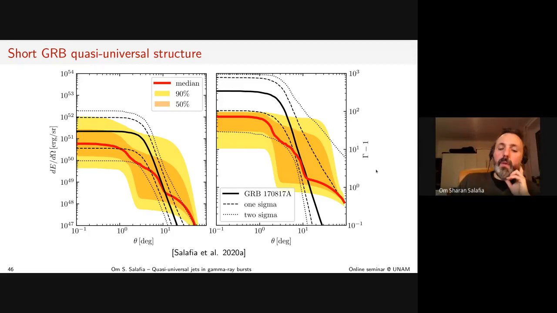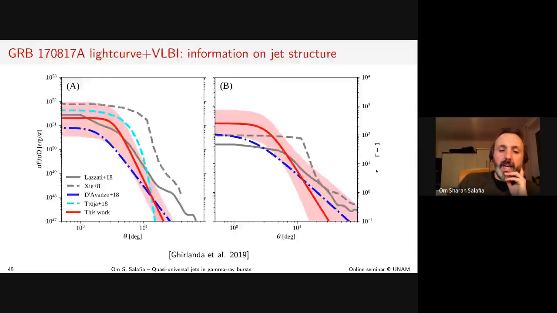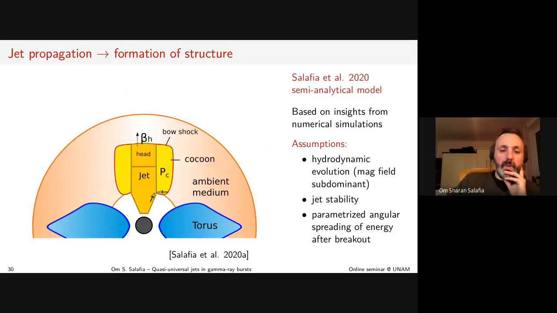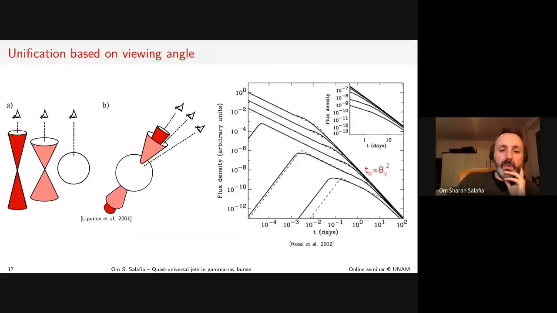So I think part of the answer resides already in the work by Rossi and Lazzati 2002. In this slide, I show a figure from this paper, which is a very old one, where they already started to compute structured jet off-axis afterglow light curves. And as you see, they really look like on-axis jet light curves.